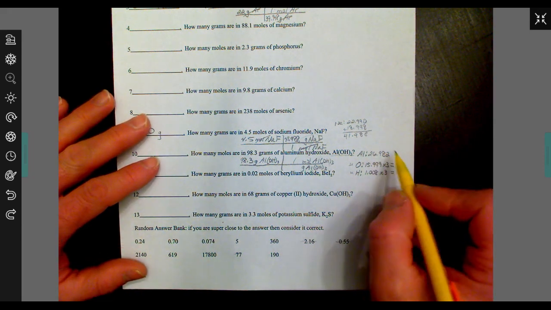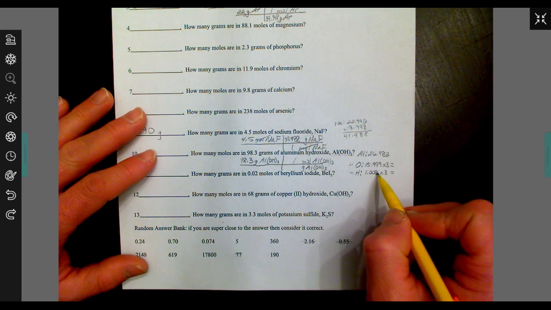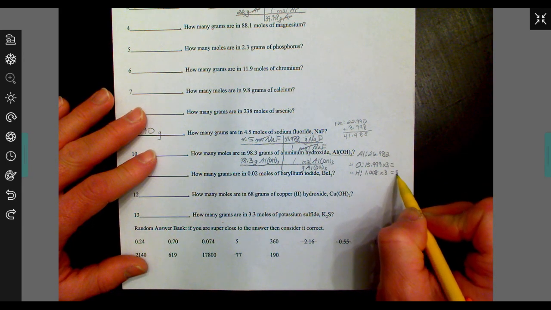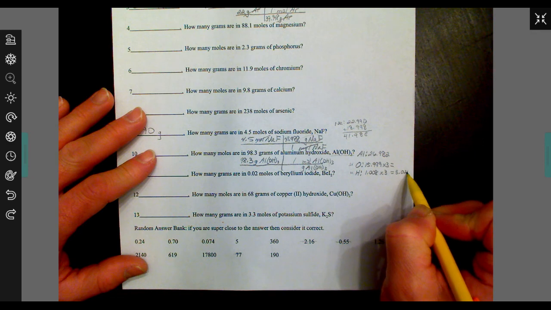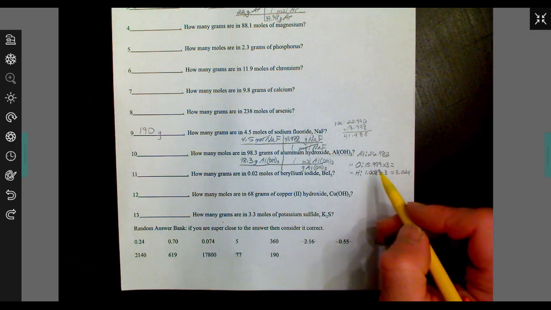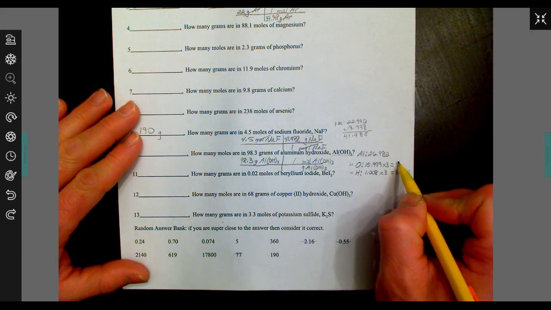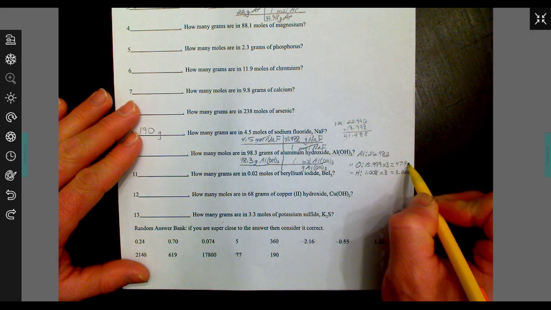So then you just calculate it all up the way you like to do best. You might want to use parentheses and add as you multiply. It's up to you. So 1.008 times 3, I know that will be 3.024. And 15.999 times 3 will be 47.997.